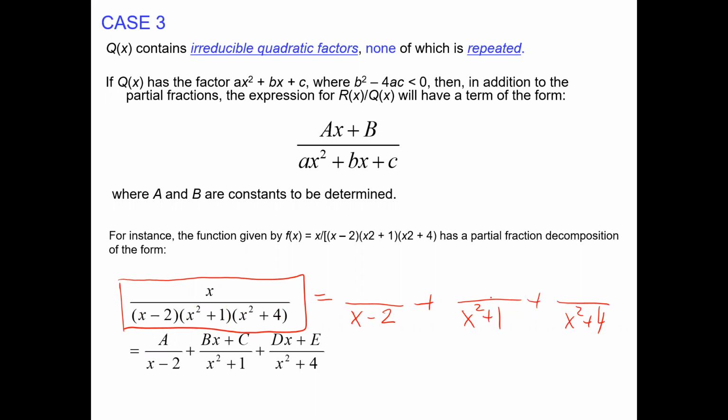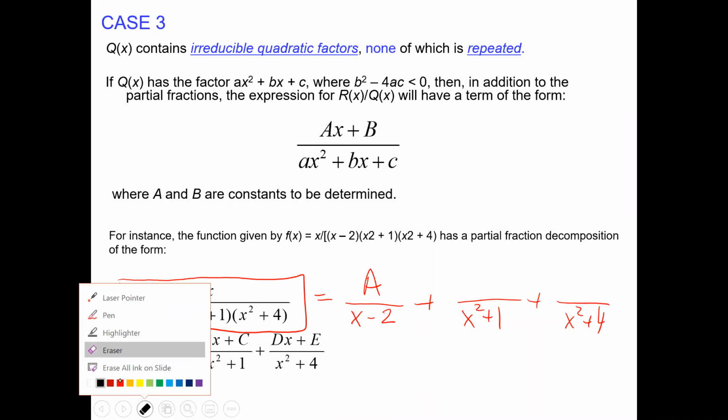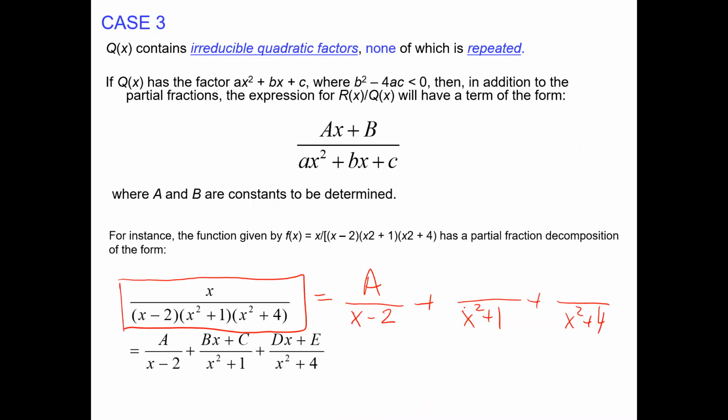We remember from case 1 and case 2, we will put a constant A. However, above the quadratic one, we cannot just put constants like B, C. We have to put a linear expression, the whole expression, like mx plus b.